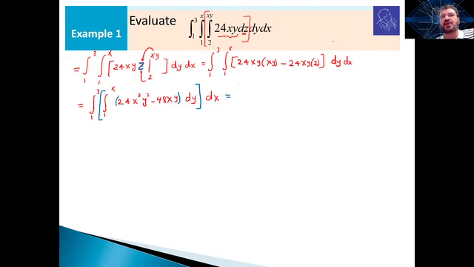So this is equal to the integration from 1 to 3. This is all constants, guys. So this is 24x squared. The integration of y squared is y cubed over 3 minus 48x. The integration of y is y squared over 2. And this is from 1 to x. And we say dx. We put this again still in a box.